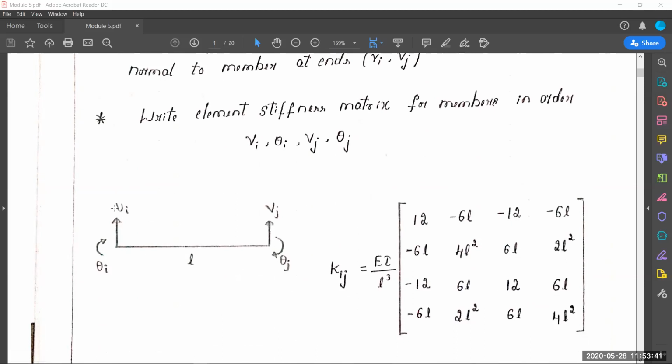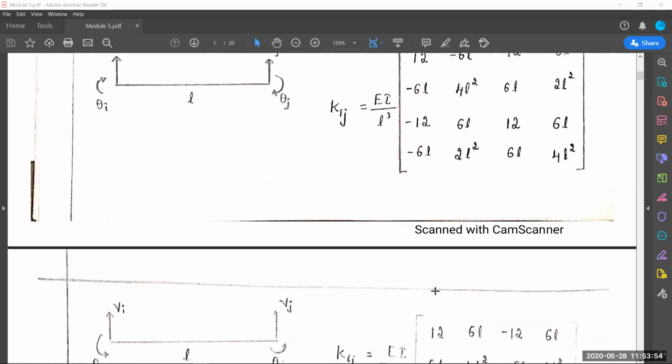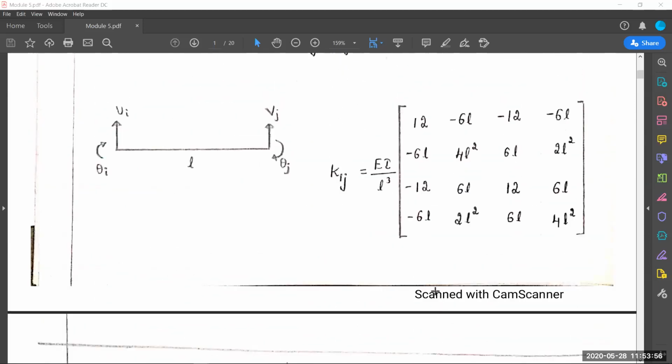V is the notation for shear force and theta is the notation for rotation or moment. For the clockwise movement, this is the formula. For anti-clockwise I have written one more formula, but I insist you always assume clockwise and keep this formula in your mind.